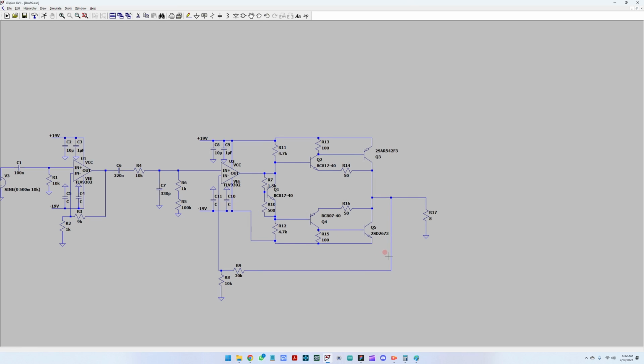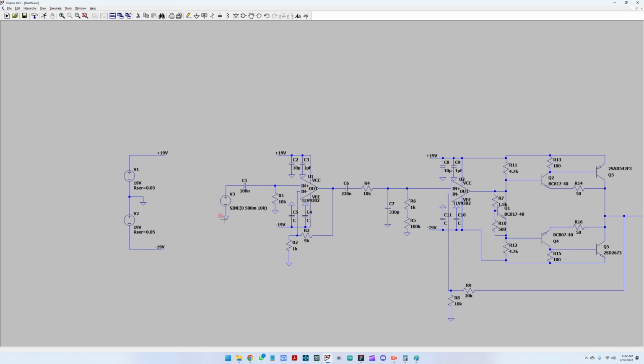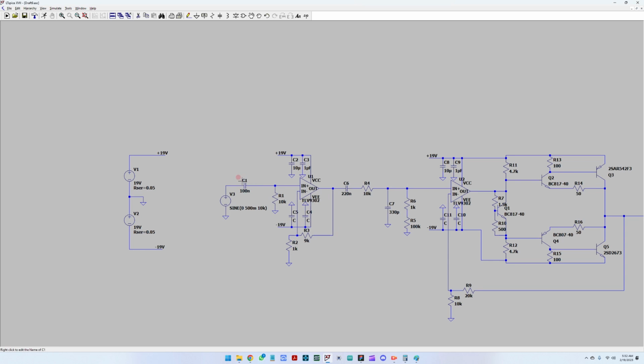Okay, so going back to the start, so that we discuss the circuit a bit. The differential power supply outputs plus 19 volts and minus 19 volts. The input signal, the sine wave, which simulates the audio, is set at 500 millivolts with a 10 kilohertz frequency.